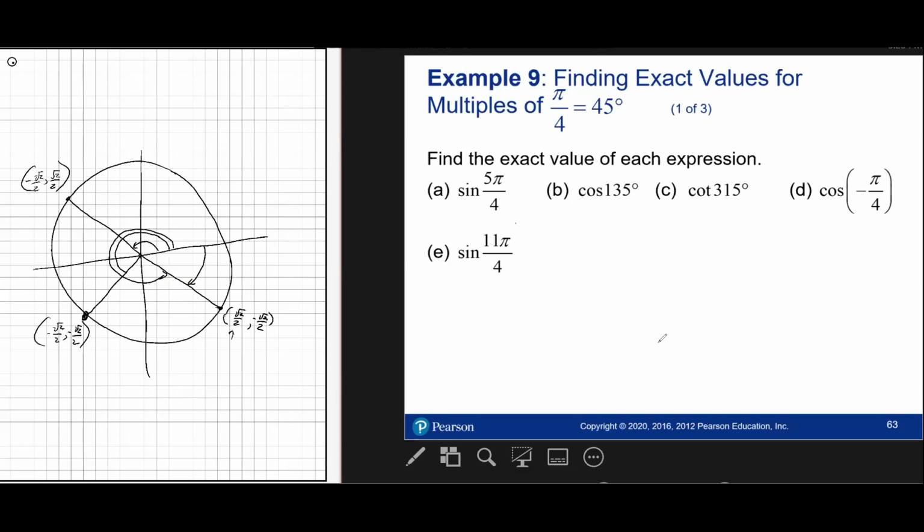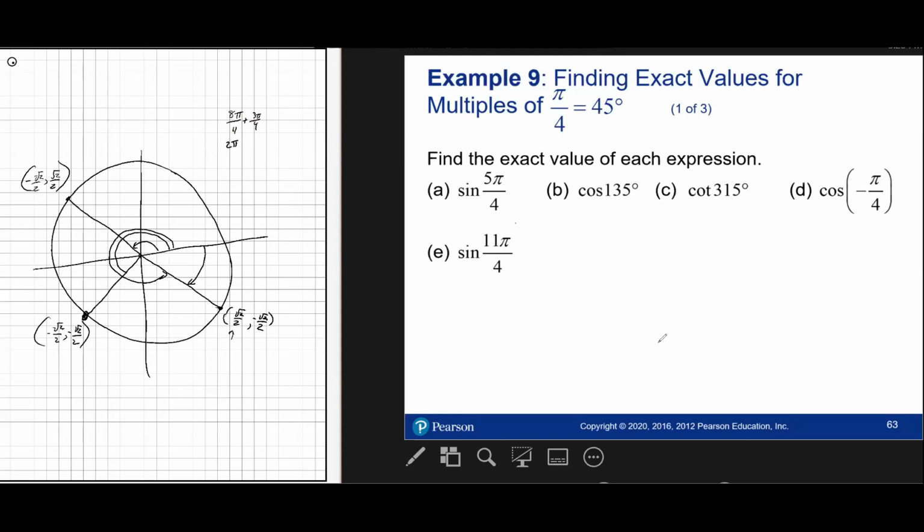And guess what? 4 pi over 2. Well, that's 8 pi over 4 plus 3 pi over 4. Because that means we go around, because now that's going to be 2 pi plus 3 pi over 4.